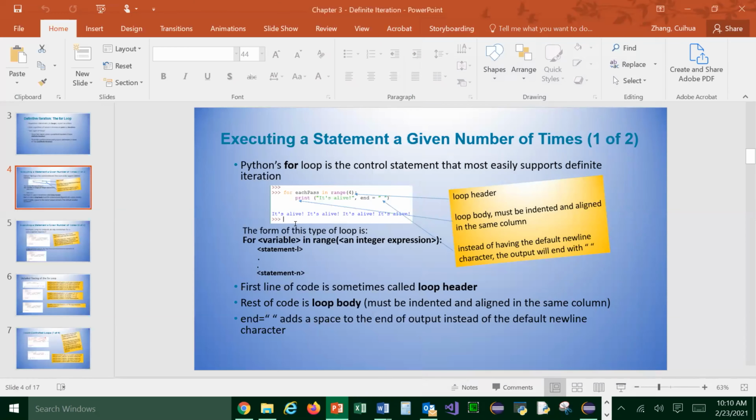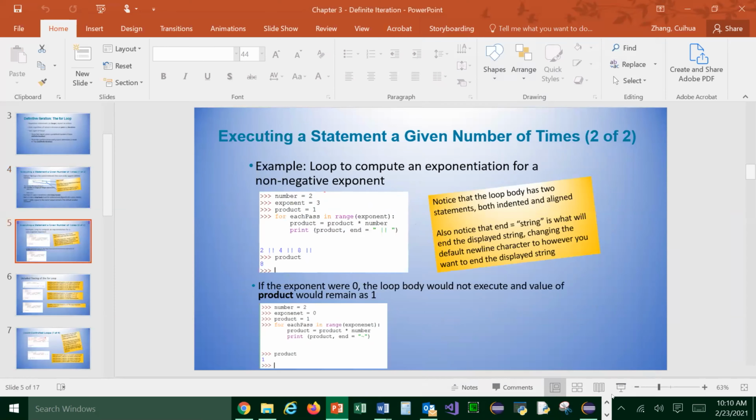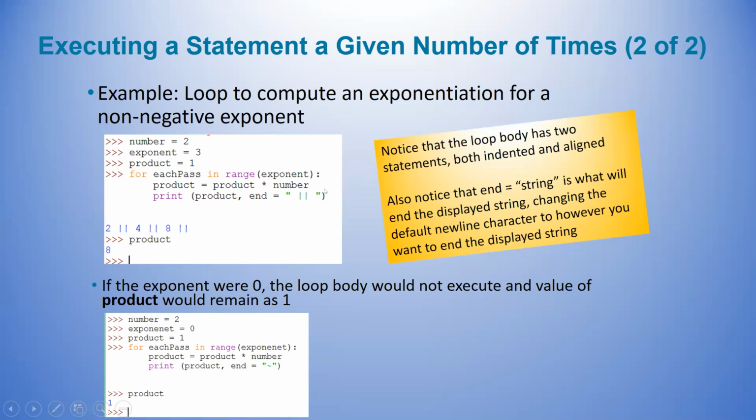So this is this, okay? So here I am explaining how this works. Okay, let's look at this example. I think it's the next slide or something. Let's look at this example, okay? A loop to compute an exponentiation for a non-negative exponent.